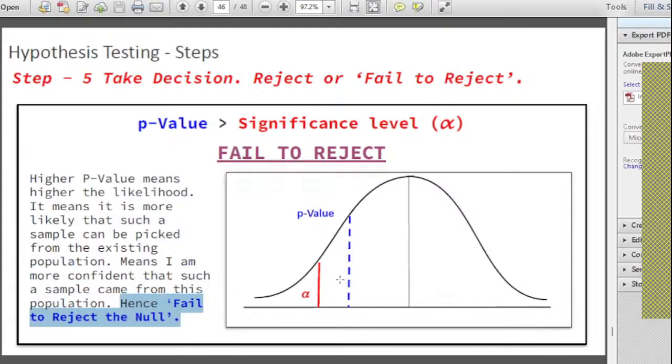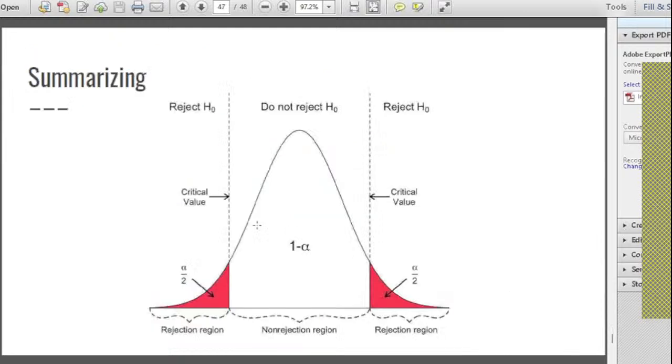Okay, so this is the entire process. I have just summarized it in this single slide, which summarizes everything, right? These are the critical values, alpha by 2, right? This is 1 minus alpha, rejection region on both the sides, and non-rejection region in between, right?